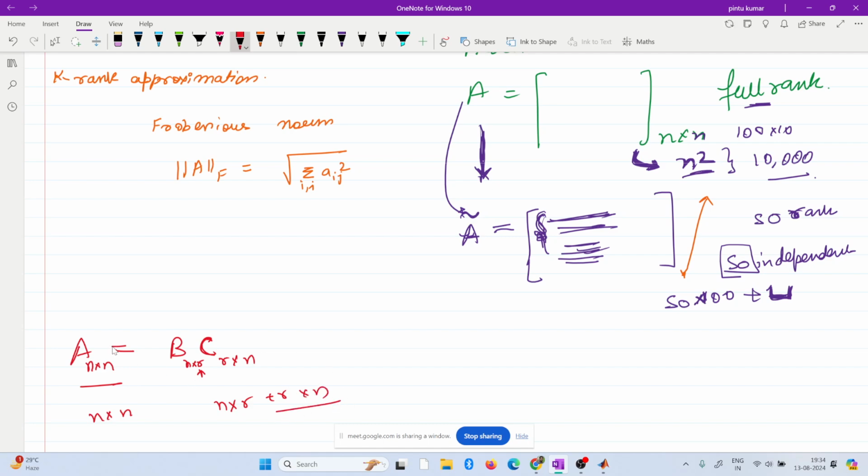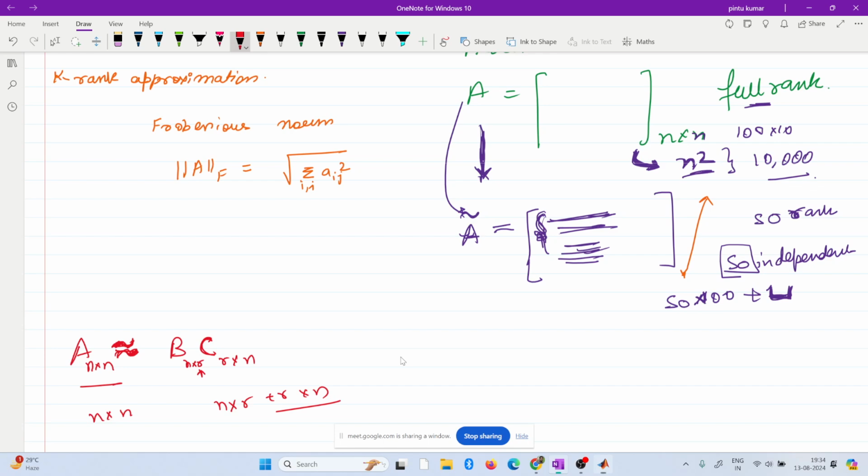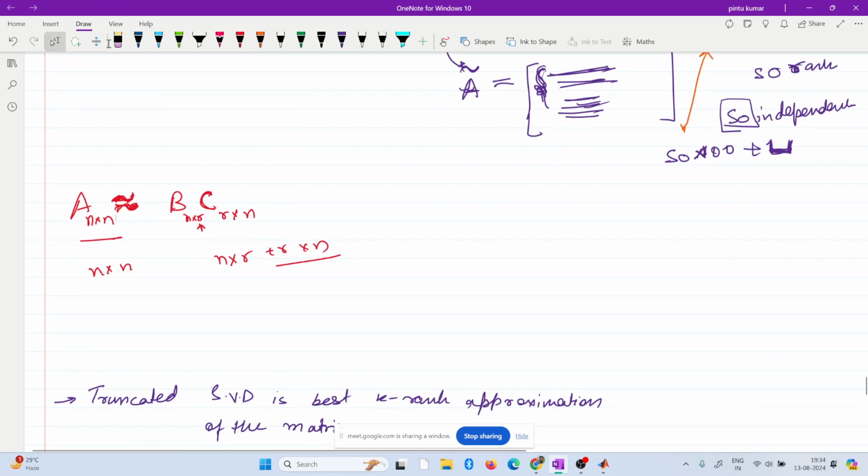Even if this equality is not exactly equal, but some approximation, then also you can use these kinds of things. This is one motivation. Now I'll give you something else.